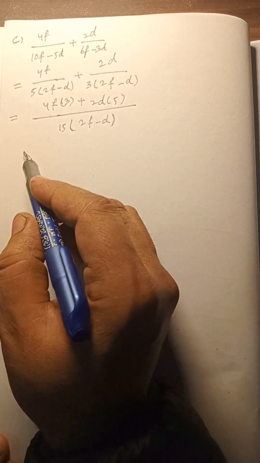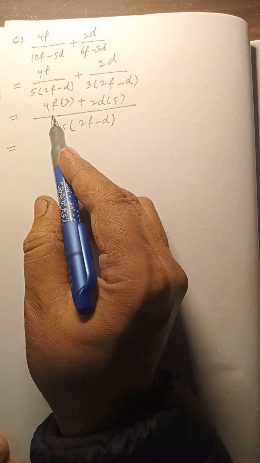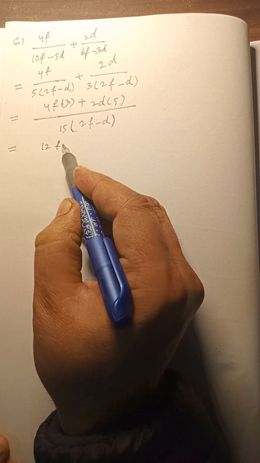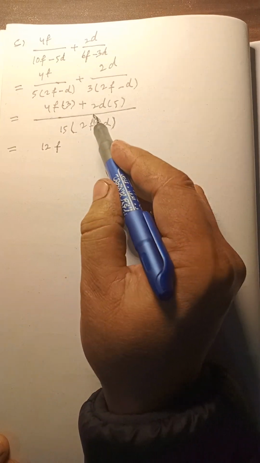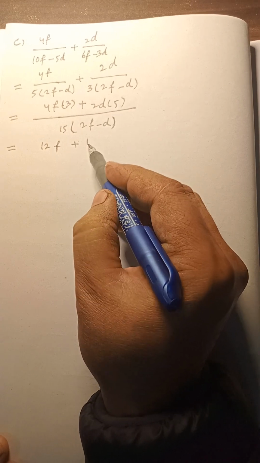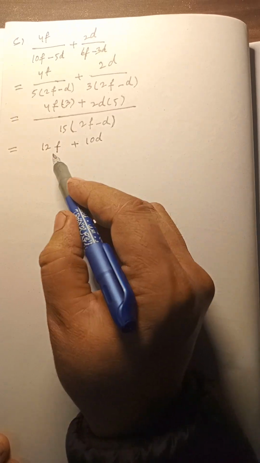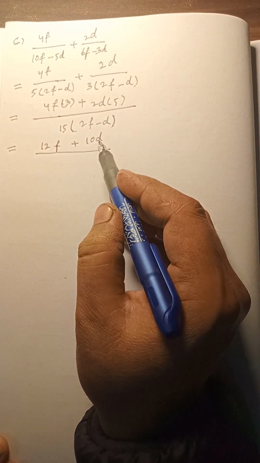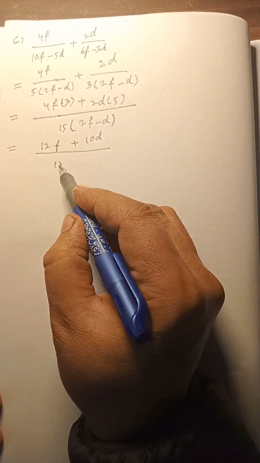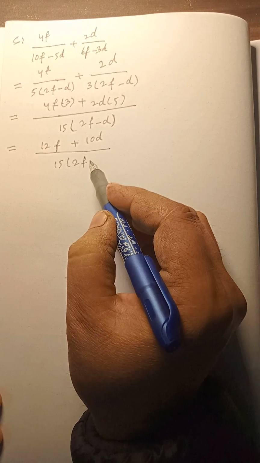Now multiply these. 4 threes are 12, 12f here, and plus 2 fives are 10, 10d here. After division, then 15 into (2f minus d).